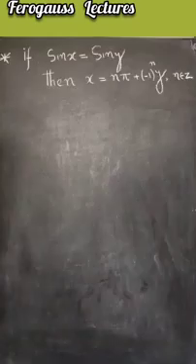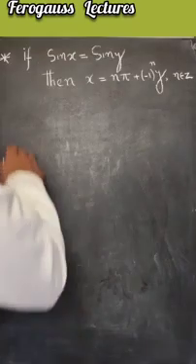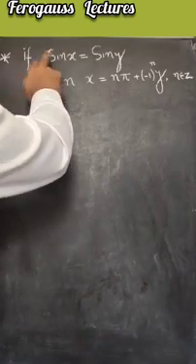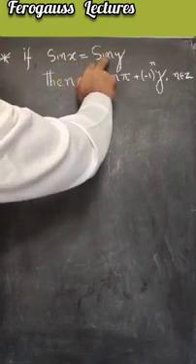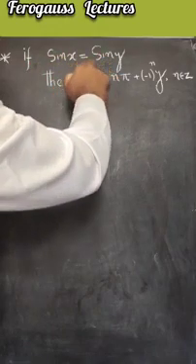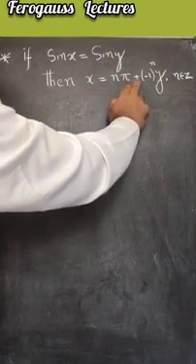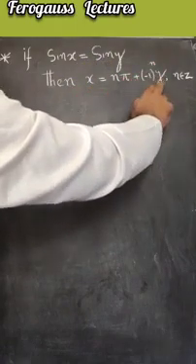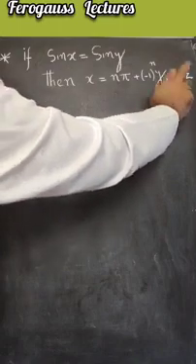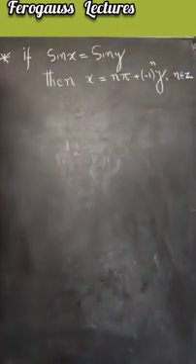Now we will do an important result on trigonometric equations, and that is, if sine of x is equal to sine of y, then we have to prove that x is equal to n pi plus minus 1 raised power n y, where n belongs to set of integers.